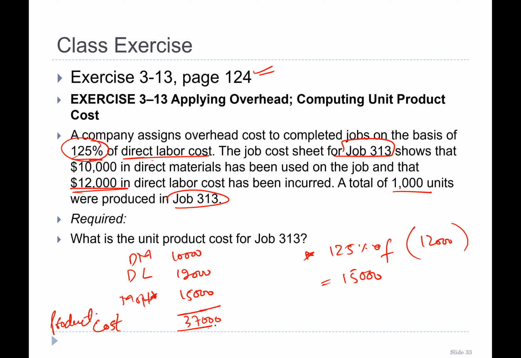And is this the per unit cost? Answer is no. Why? Because they have made 1,000 units. So units produced are 1,000. So what is the per unit cost?